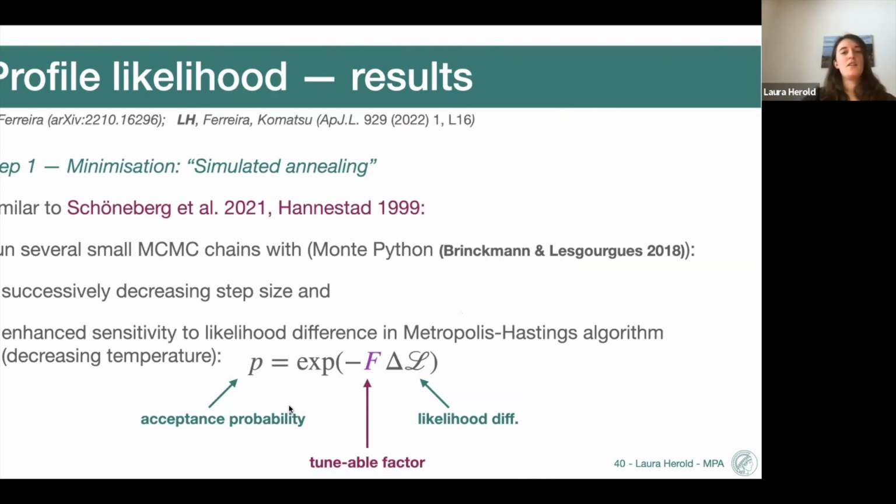So we also modify the Metropolis-Hastings algorithm a little bit, exactly like in the H0 Olympics paper, such that the acceptance probability is not only given by the likelihood difference, but it can be tuned by this factor F, and this sets the temperature. We tested this, for example, by comparing it to Migrad and Bobyqa. For Migrad and Bobyqa, we essentially found only noise instead of a profile likelihood, but this method really worked well for the EDE model.